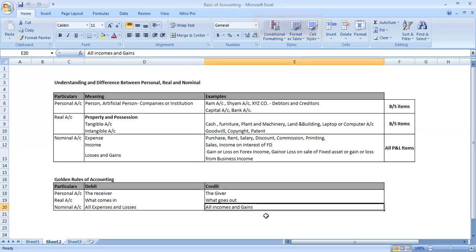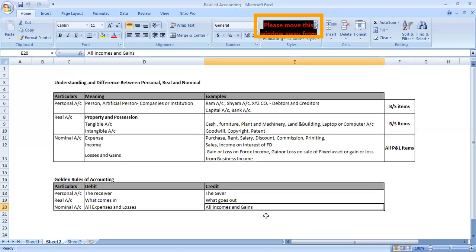Credit, I will credit all my incomes and gains, all sales accounts, interest on FD accounts, or other incomes; everything will be credited.